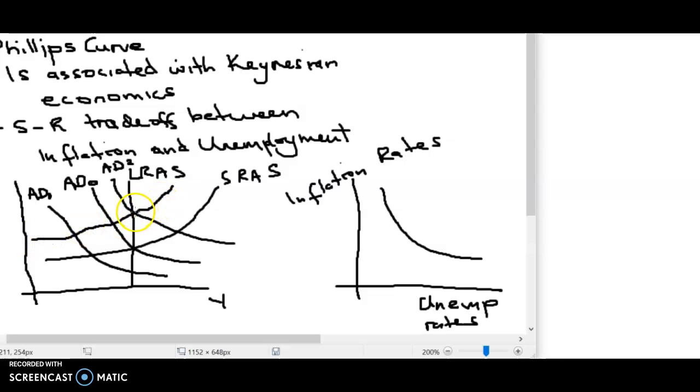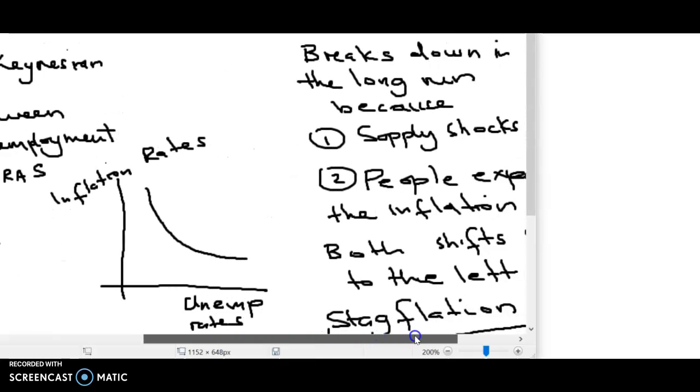And so what we have is we no longer have that effect on unemployment, but we still have the effect of inflation because inflation is higher, okay? But we don't have that increase in the output that we had before. And so the relationship breaks down in the long run because of this.